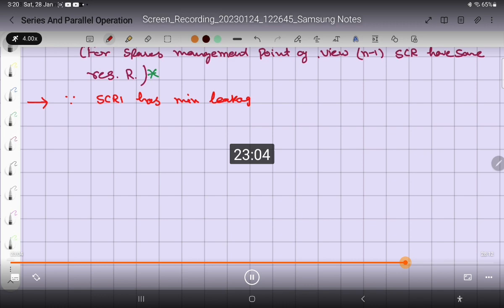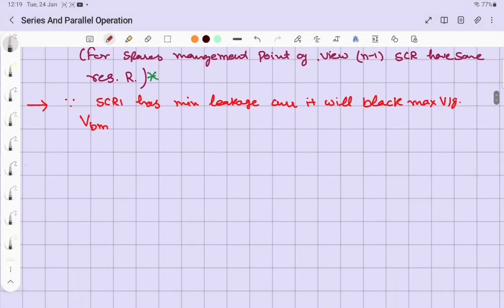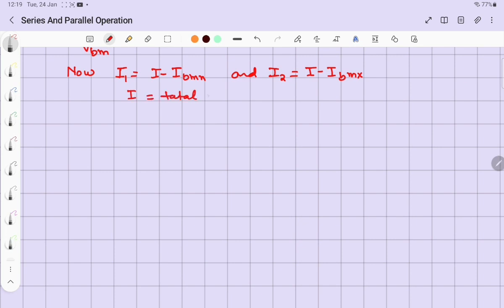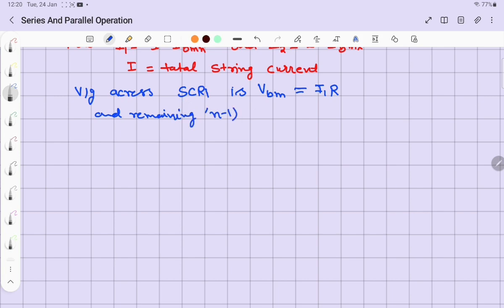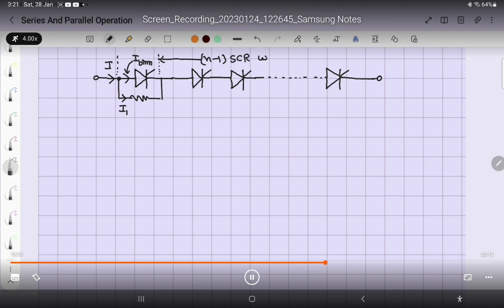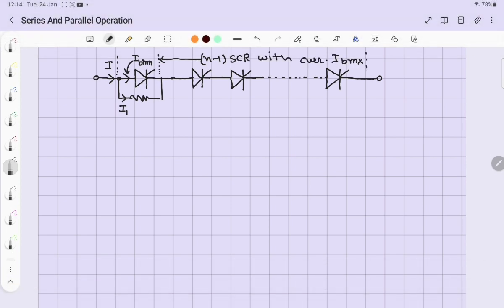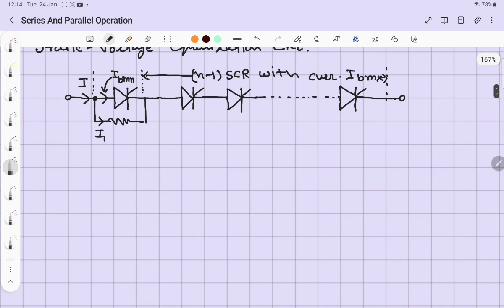How? As SCR1 has the minimum leakage current, it will block the maximum voltage VBM. Now I1 would be how much? The current flowing through thyristor 1 is IBMN.